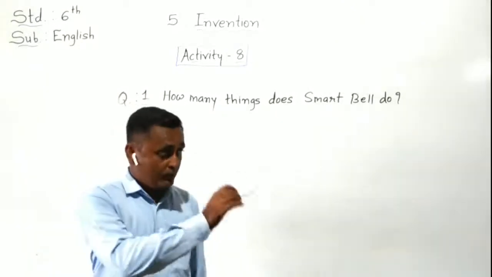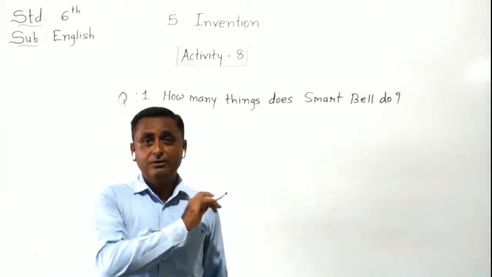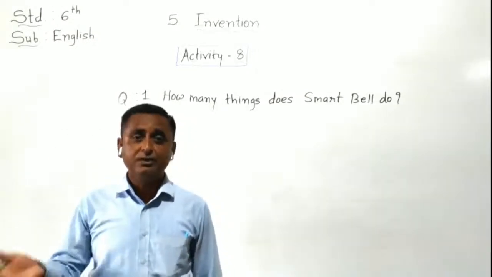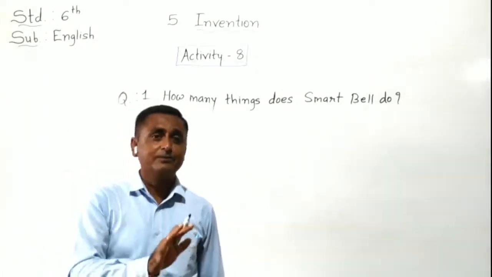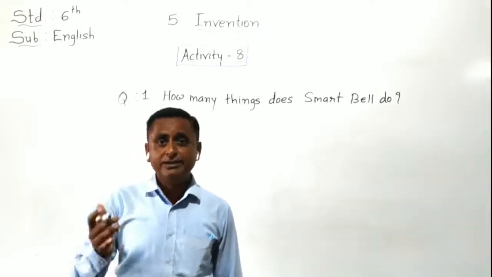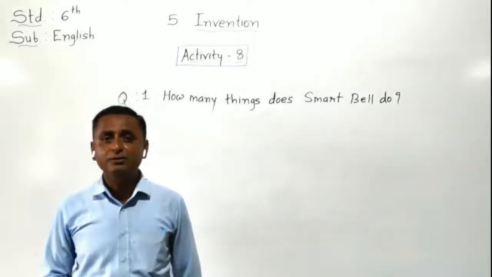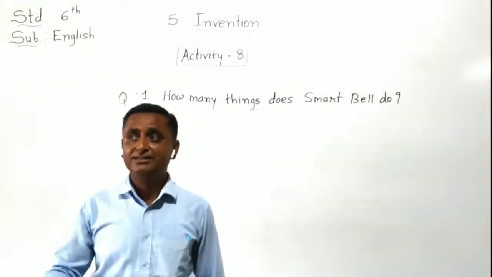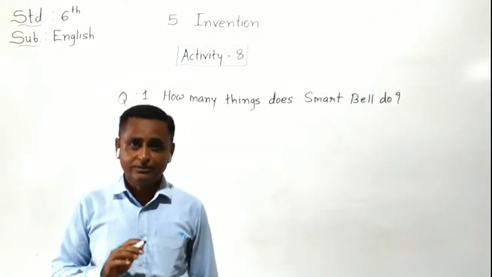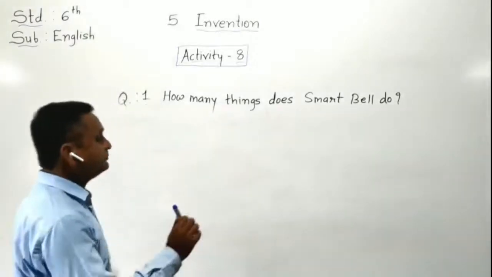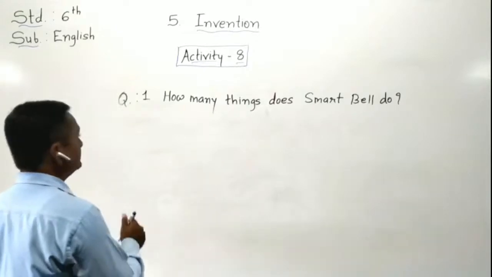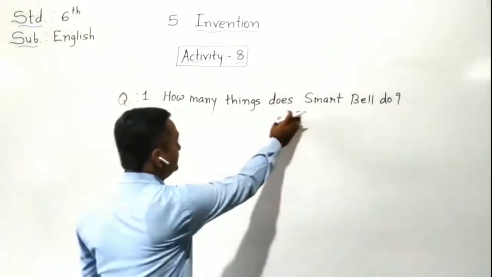So here the visitor is fooled, and he thinks that somebody is inside the house. Can you understand, students? That is the kind of work the smart bell does. So how many things does the smart bell do?